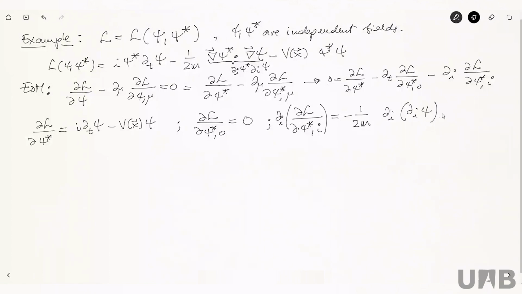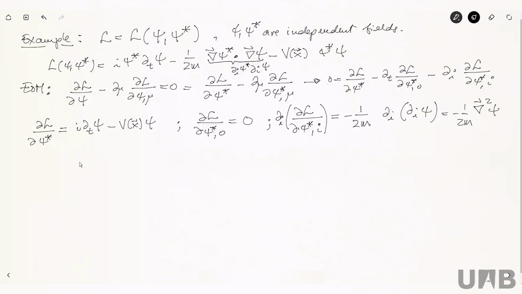So this is minus 1 over 2m. Now I'm summing, so this is the Laplacian, right? You guys agree with this? Yes. Okay, so now with the three pieces together, this and this and this, we already have Euler-Lagrange equation.